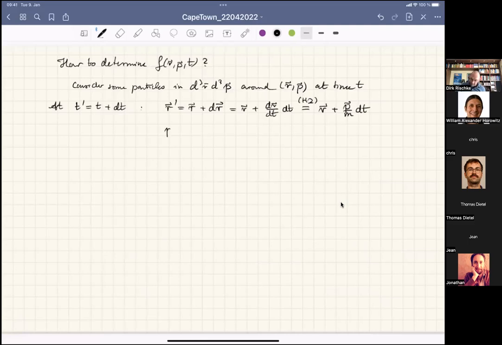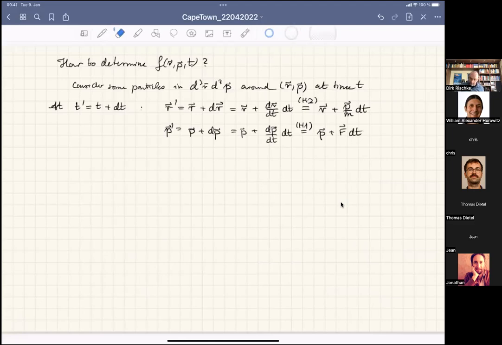And the new momenta p prime will also be changed from previous values, and the same or similar calculation using Hamilton equation 1 gives you p plus force times dt.